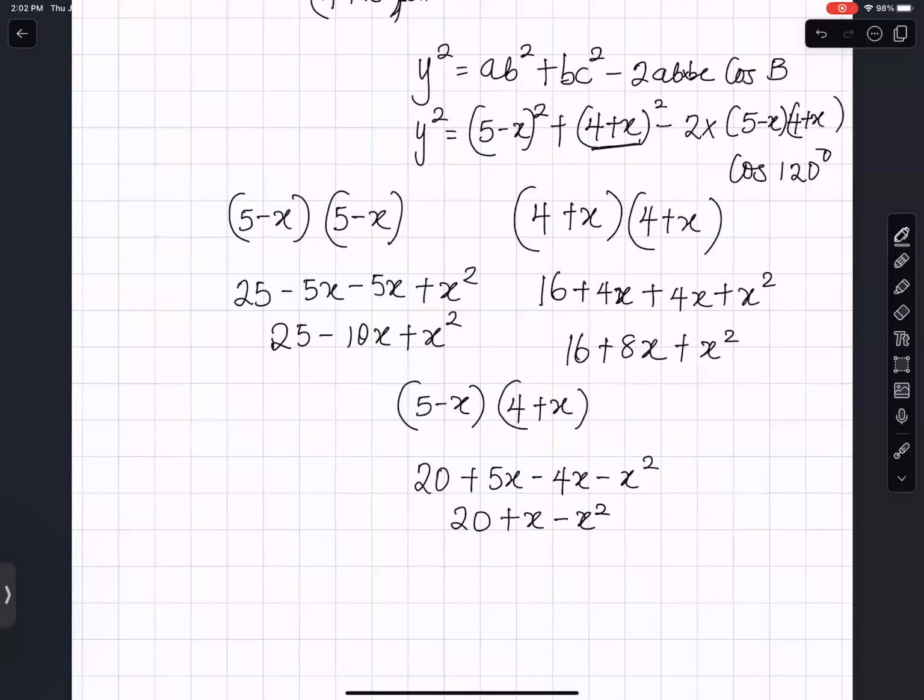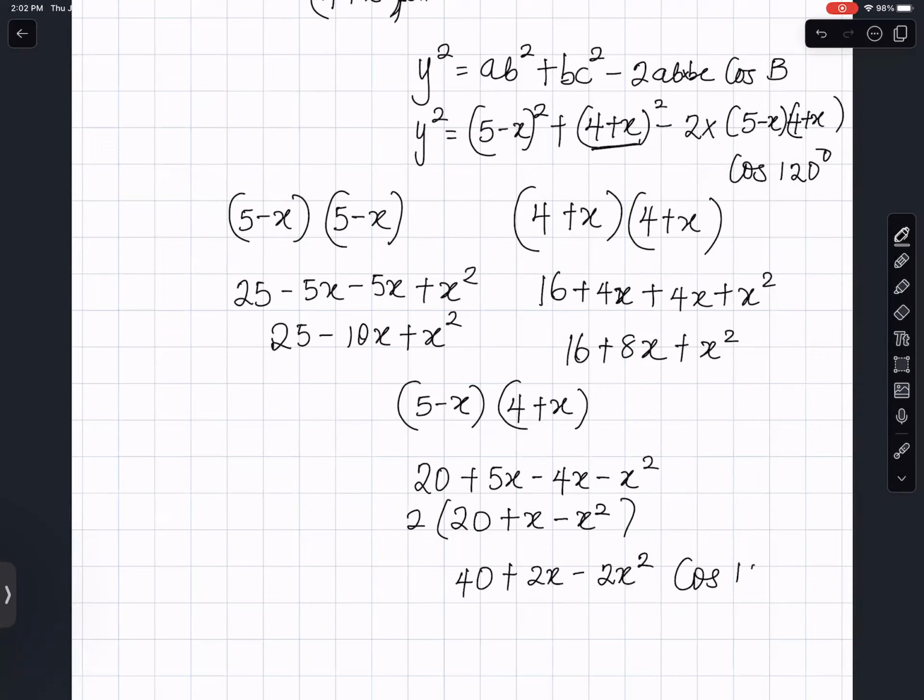So we can multiply by 2, which is outside there. It gives me 40 plus 2x minus 2x squared, and remember you have cos 120 attached to this. So I'll take 40 cos 120.